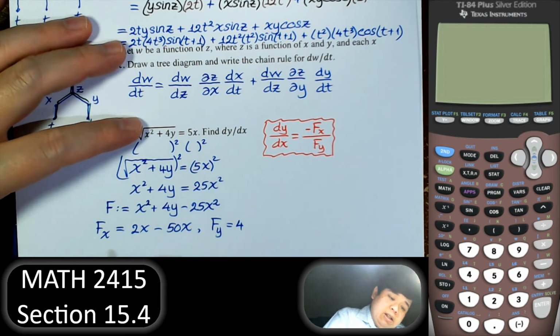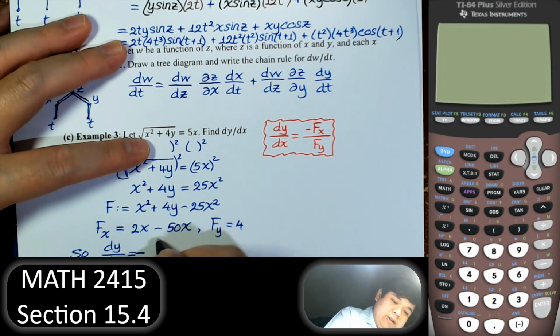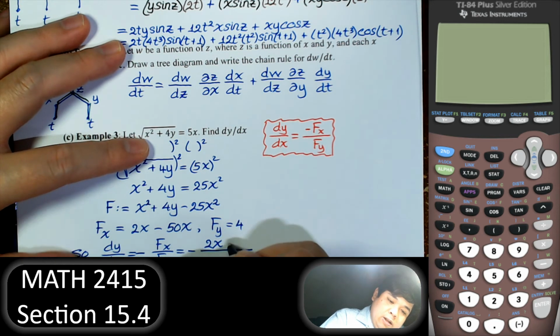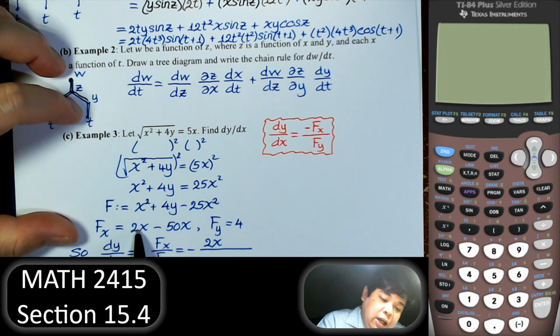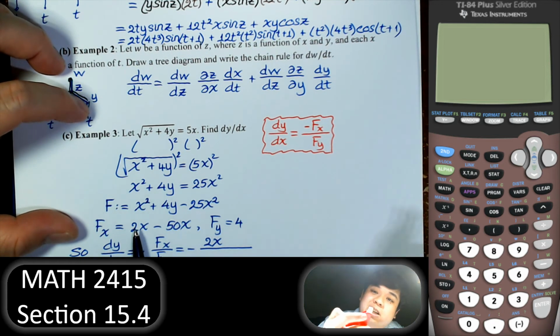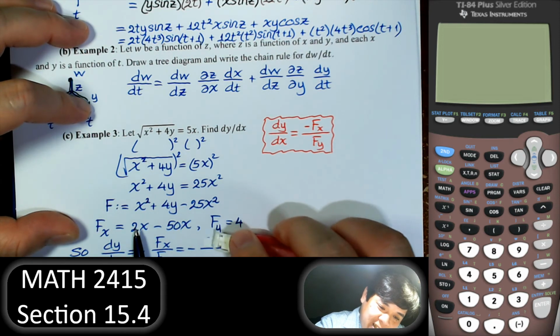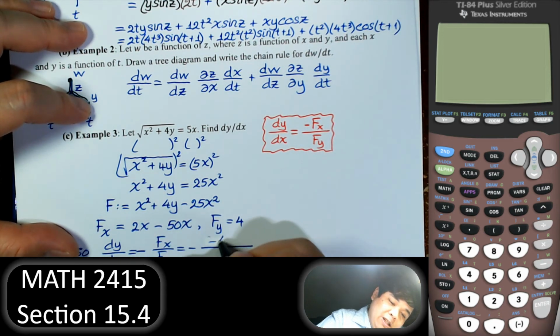And finally, dy over dx is equal to negative f sub x over f sub y, negative 2x, I should just subtract them, right? Negative 48x.